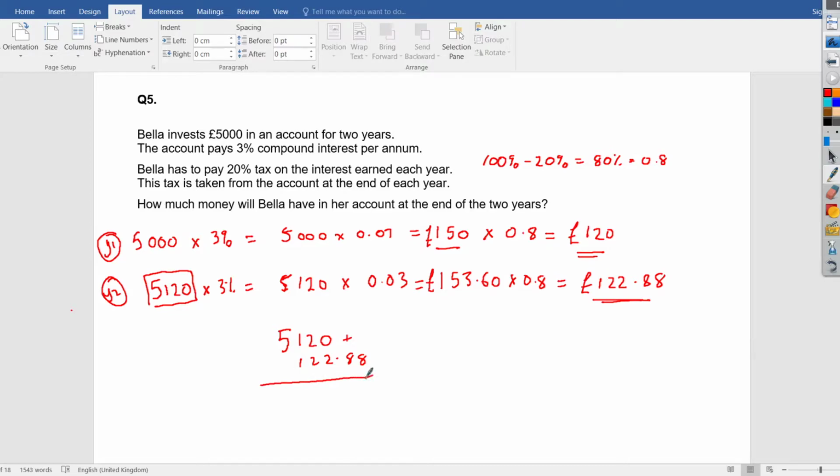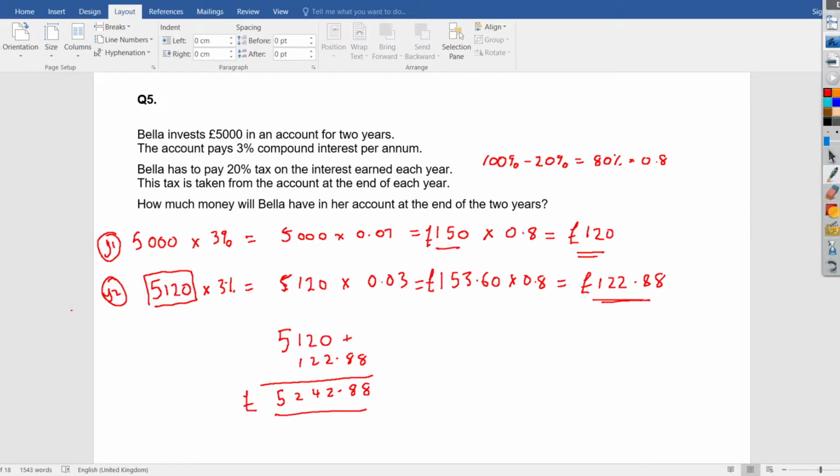Add those up, and Bella will have £5,242.88. Okay, it's a nice question, that.